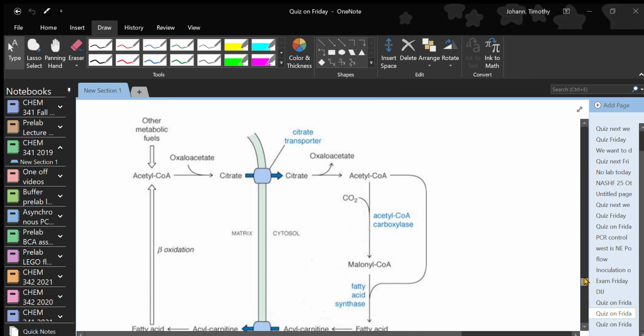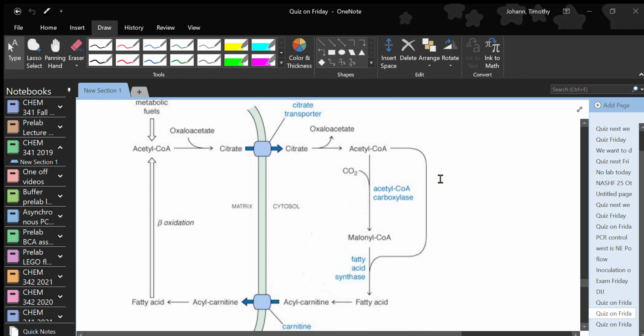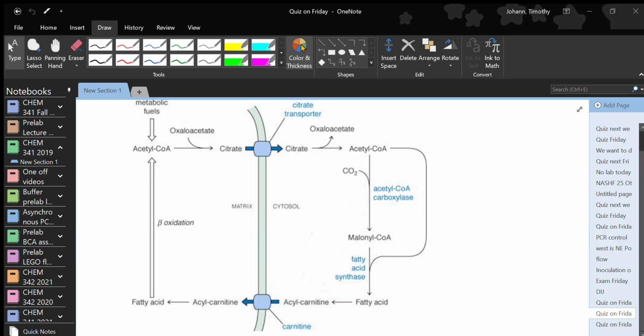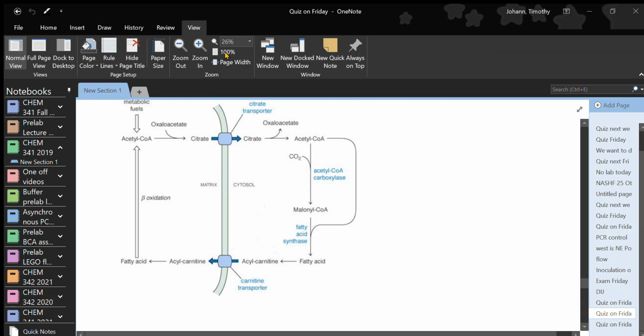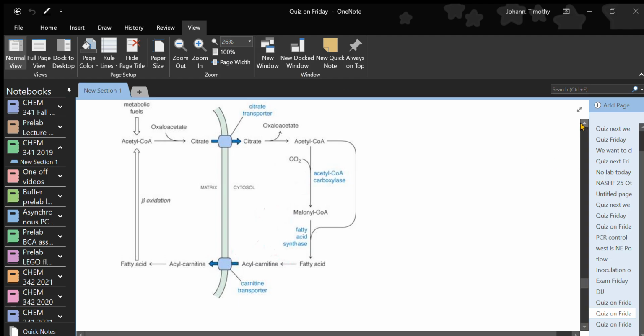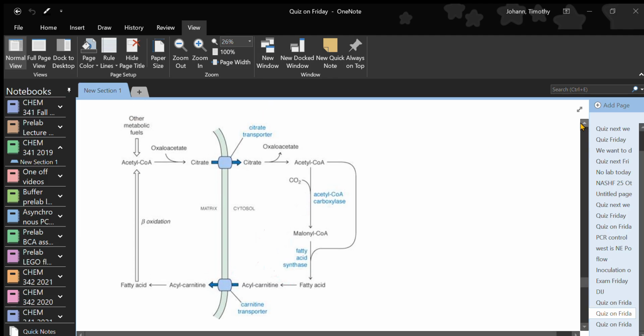So when we talk about fatty acid synthesis and beta oxidation, remember they're in different compartments, right? And so they can be regulated in terms of not providing the materials that are needed for a given reaction. So over here we have fatty acid synthesis.